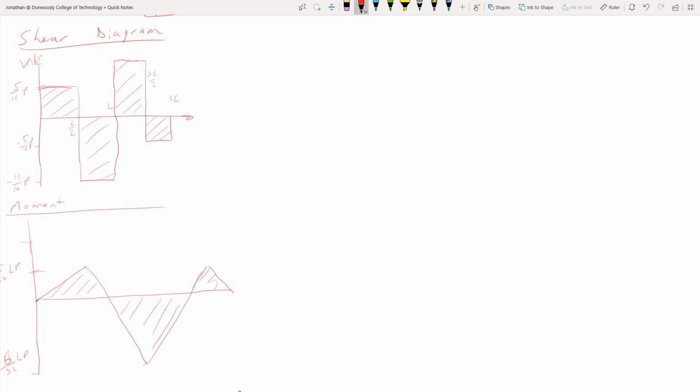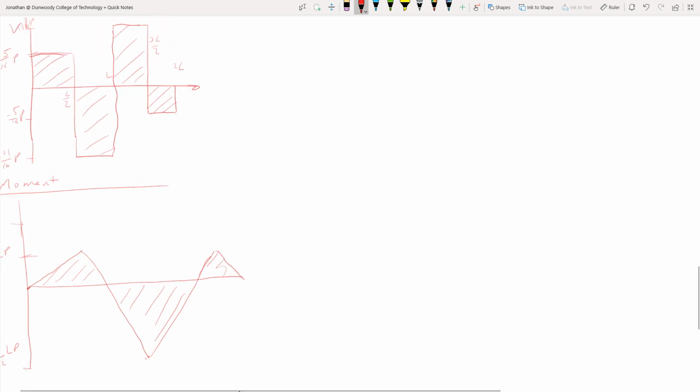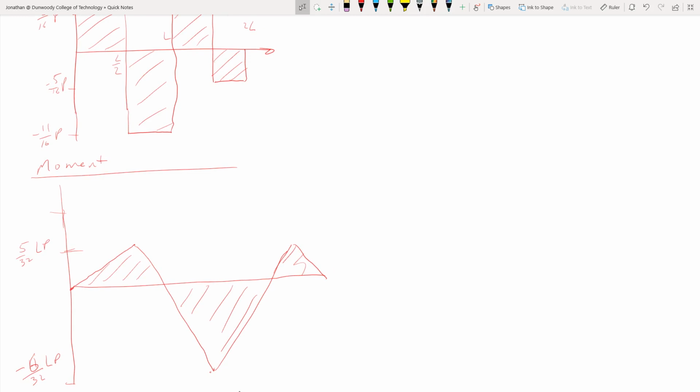Alright, so a little convoluted there, but we got there, and we should be something that looks kind of symmetric about this point. I got a little crazy, but you get the idea. This was at L over 2, this is at L over 2, 3L over 2, this is at 2L.